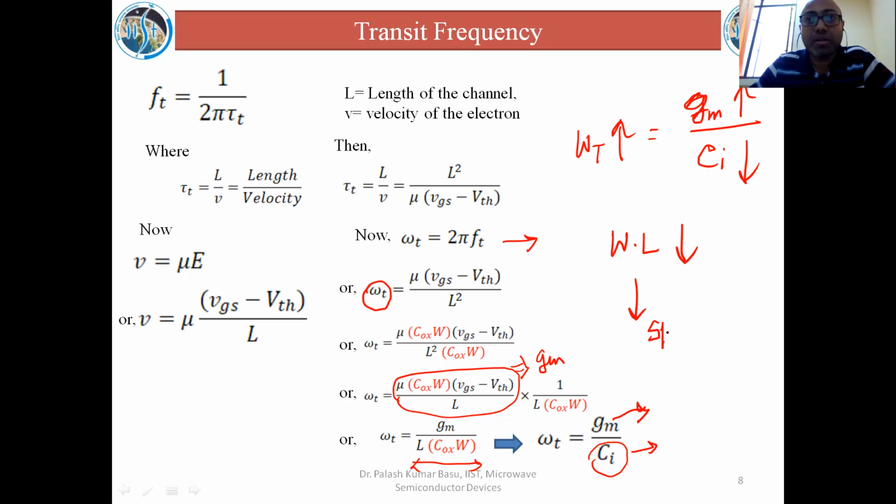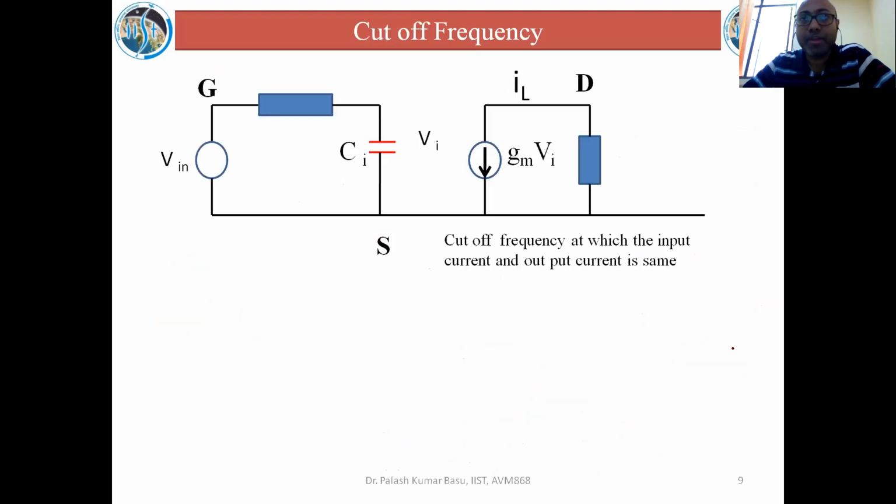Short channel device. You are going to study the short channel device for CMOS by Dr. Sheena ma'am, but you are going to study short channel devices here also, though not in great detail, because the physics is more or less the same as what Dr. Sheena is going to teach you.